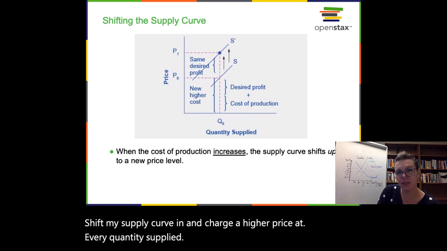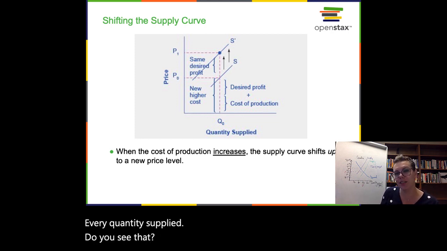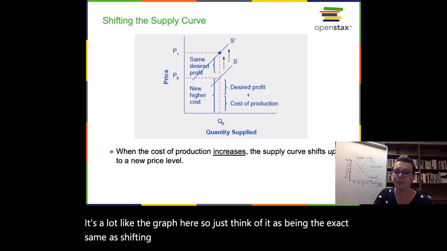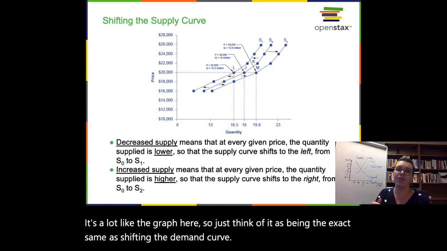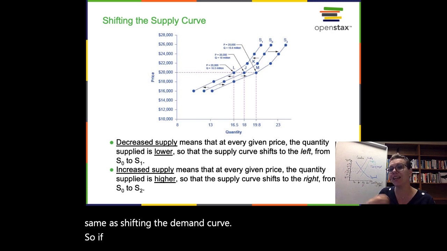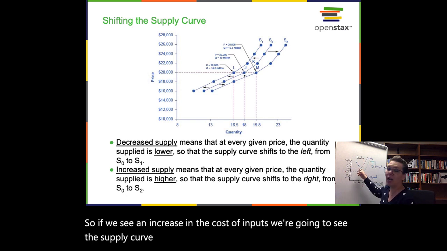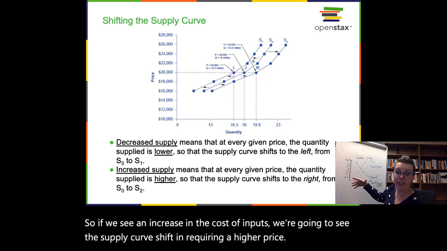Do you see that? It's a lot like the graph here. So just think of it as being the exact same as shifting the demand curve. So if we see an increase in the cost of inputs, we're going to see the supply curve shift in, requiring a higher price. What if it gets cheaper?